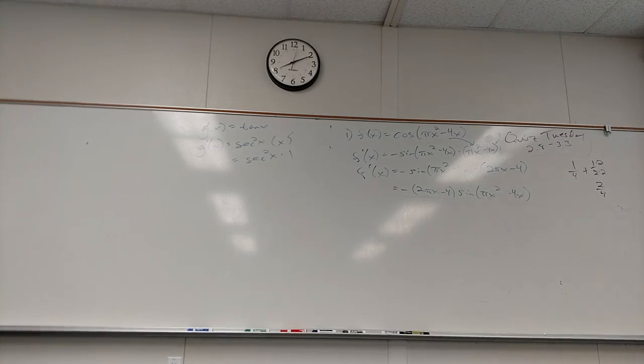Derivative of top times the bottom minus the top times the derivative of the bottom, all over the bottom squared. So that's the quotient rule.